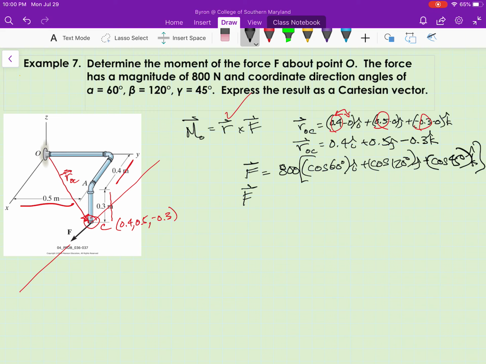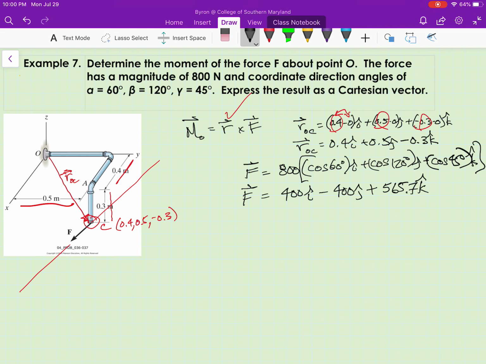Okay, and we expand that and we'll get 800 times the cosine of 60, which is 0.5, is 400 I. 800 times the cosine of 120 degrees, which is negative 0.5, so this will be minus 400j. And 800 times the cosine of 45, which is 0.707, so the k component will be 565.7k.